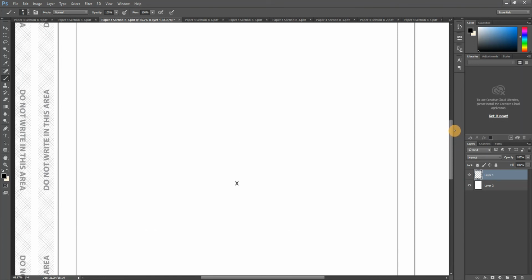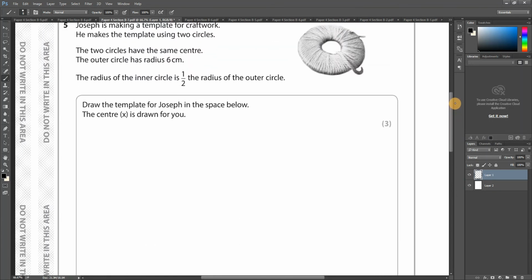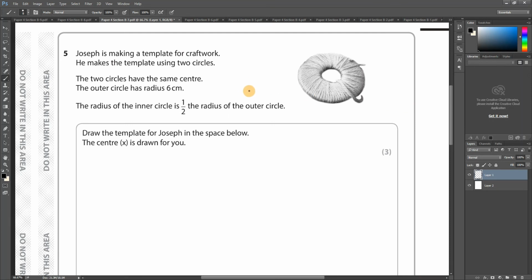There's a massive space for you to draw the template. A template is just 2 circles. And what do you use to make circles? It's definitely going to be a compass. So you're going to have to use a compass for this.